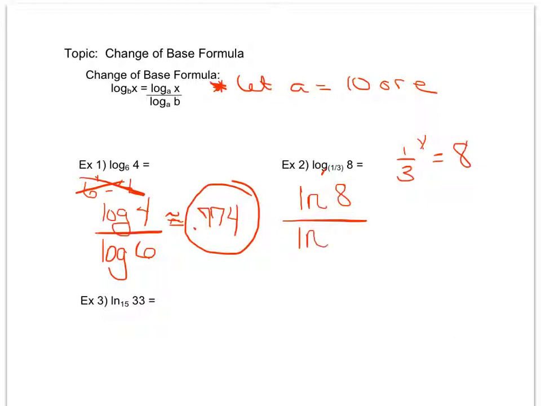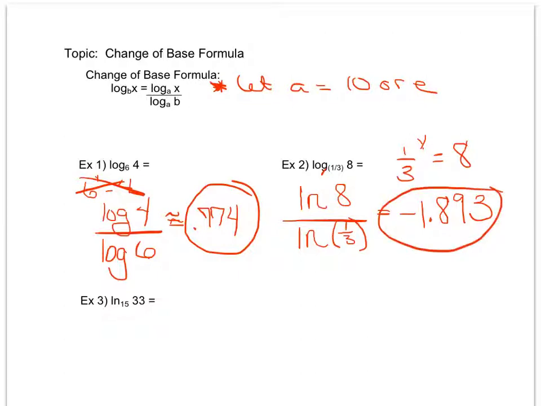I do have to choose the same base on top and bottom of 1/3. So now from here, again, I can put this right into my calculator. Doing that gives me about -1.893. Again, rounding to 3 decimal places. And there's my approximate answer, so I should say approximately.